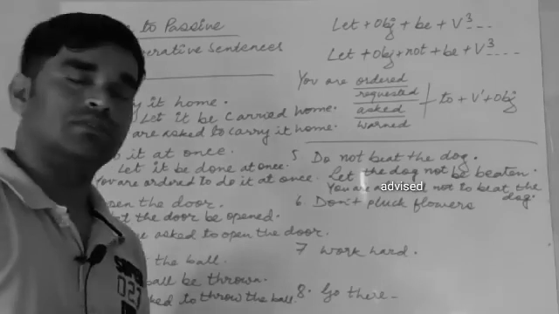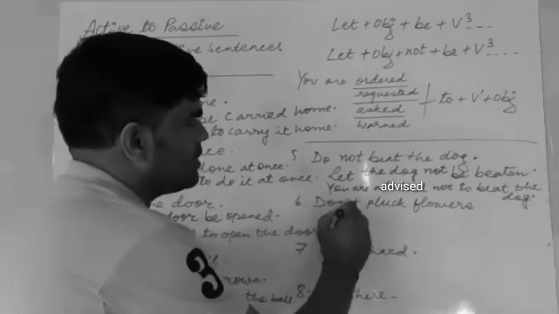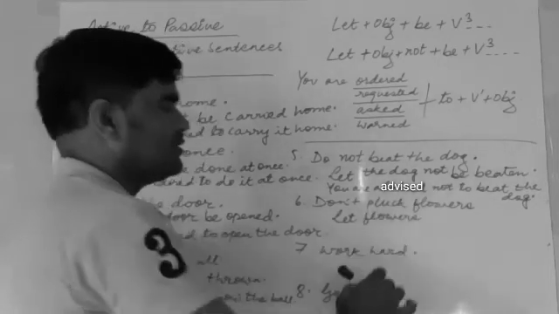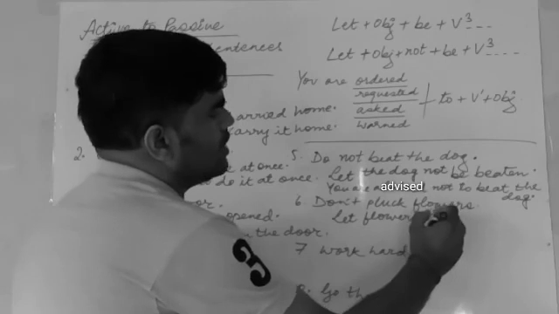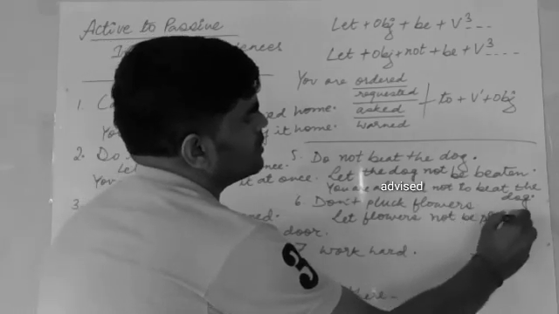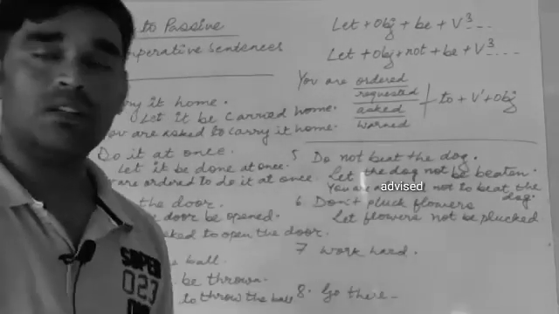Don't pluck flowers. One more negative is there. So let flowers. Because here flowers is the object. Let flowers what? Not be plucked. The past participle of pluck is plucked. Let flowers not be plucked.